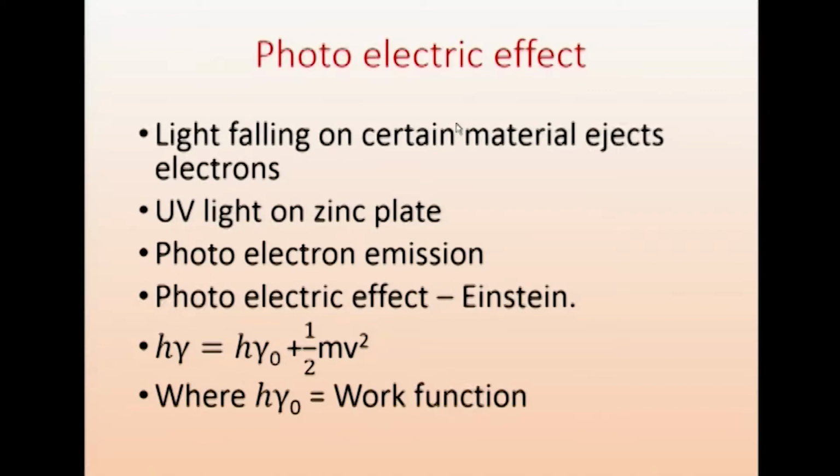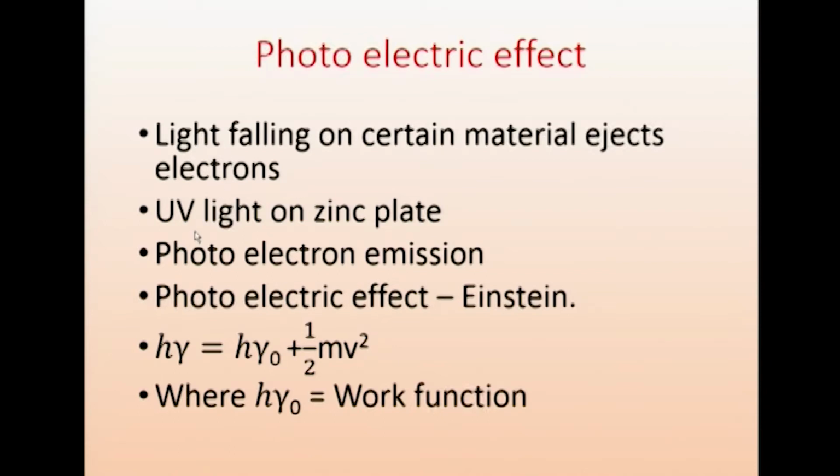Then we have another type of interaction also, the photoelectric effect. The photoelectric equation was given by Einstein, for which he was given the Nobel Prize. In the photoelectric effect, when light falls on a material, an electron is given out. So, when light falls on certain material, it ejects electrons.